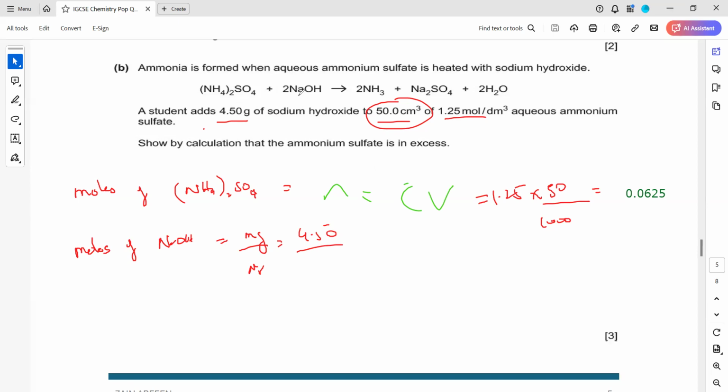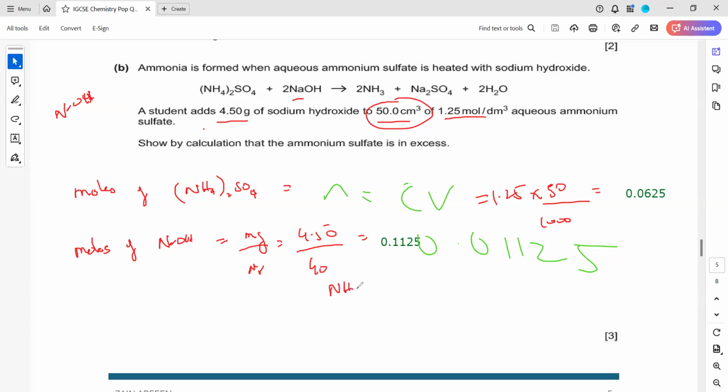But for molar mass, don't use the equation, where 2 moles are there; molar mass is always the mass of 1 mole. So sodium hydroxide, sodium is 23, oxygen is 16 and hydrogen is 1. So total will be 40. How many moles do we get? 0.1125.